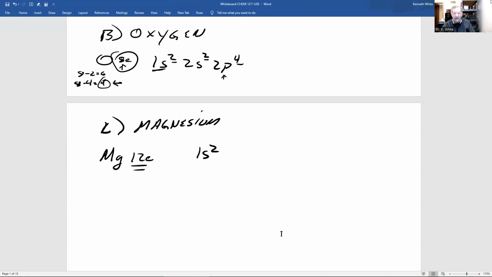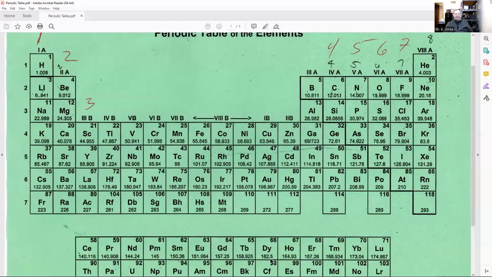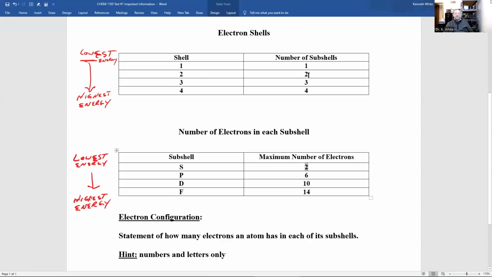Now I have to go to the next lowest shell, that's 2, and 2 has 2 subshells: 2s, in which I can put 2 electrons, and 2p, in which I can put 6. You always fill the lowest energy subshell first.